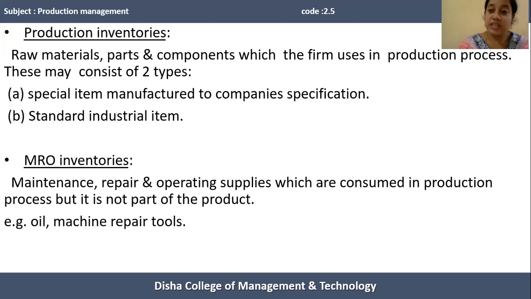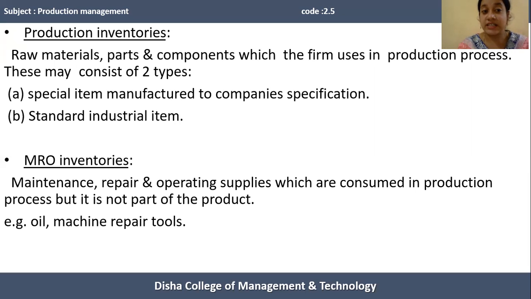These may consist of two types, meaning production inventory again is of two types. First one is the special item manufactured to company specification. According to the company's requirement, the company manufactures different special, unique products, and for manufacturing these unique products, the organization also uses some special components and special parts.